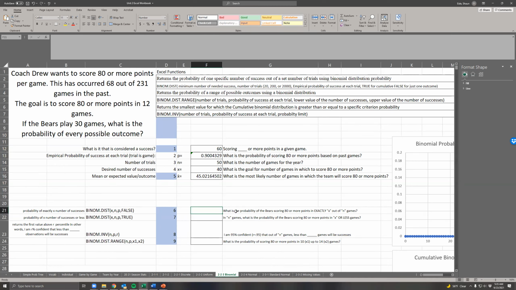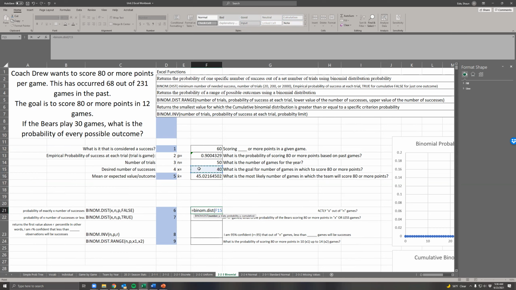So what we have is X, then I have N, and then I've got P. So you put the information from right up here into this fun little formula. We're going to do equals binom.dist, and we're going to say, okay, what is the desired number of successes?